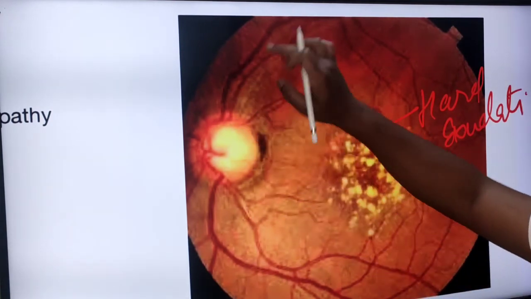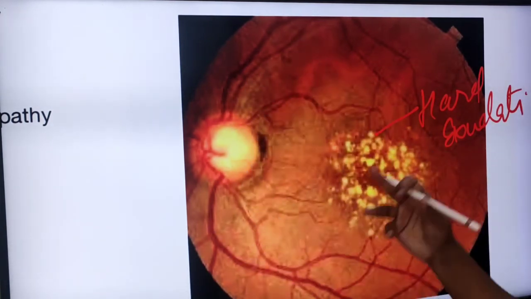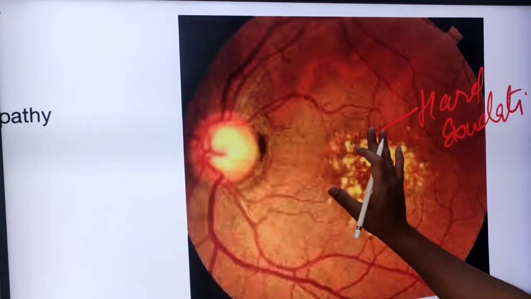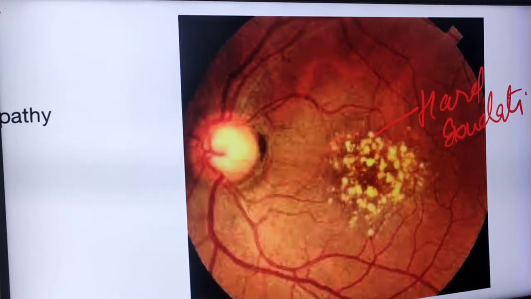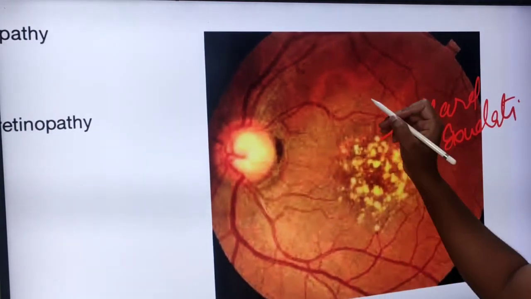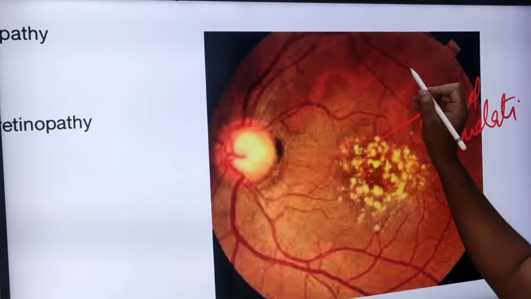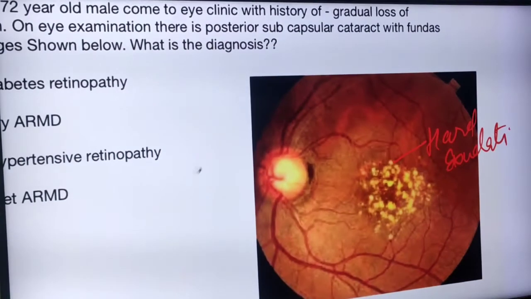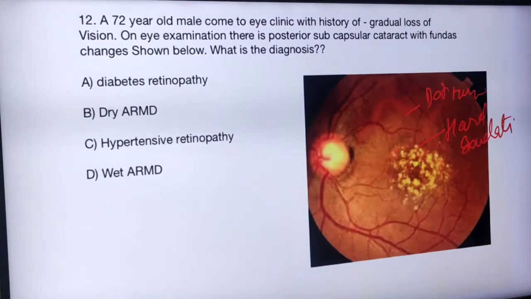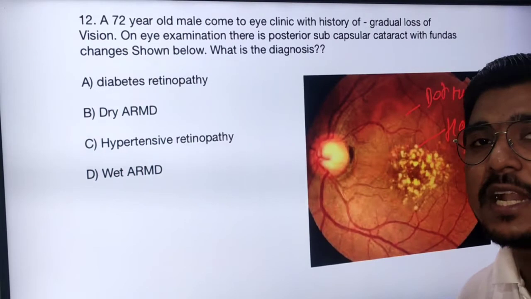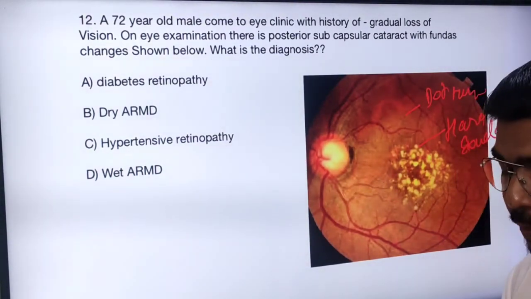Just see the vessels. Vessels are normal, normally dilated. These are hard exudates and some hemorrhages. If you see clearly, these are the hemorrhage points, dot hemorrhages also found. So this most commonly gives the diagnosis of diabetic retinopathy.